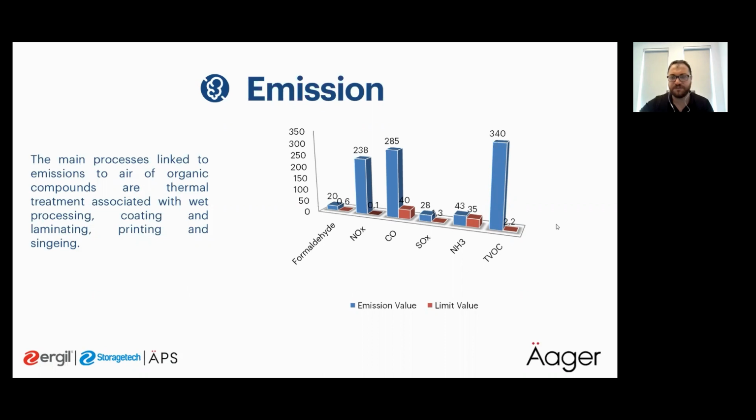Let me interrupt you for a second. There's a question about that. You were talking about the emission values and some gas values, and I wonder, could you give information about the necessity of the measurement and the importance of its accuracy?